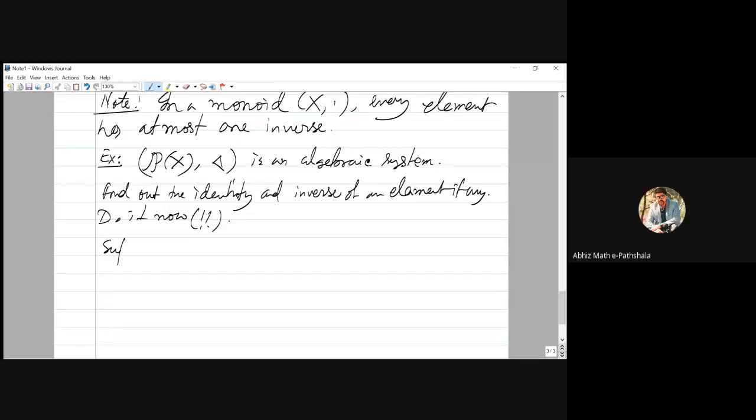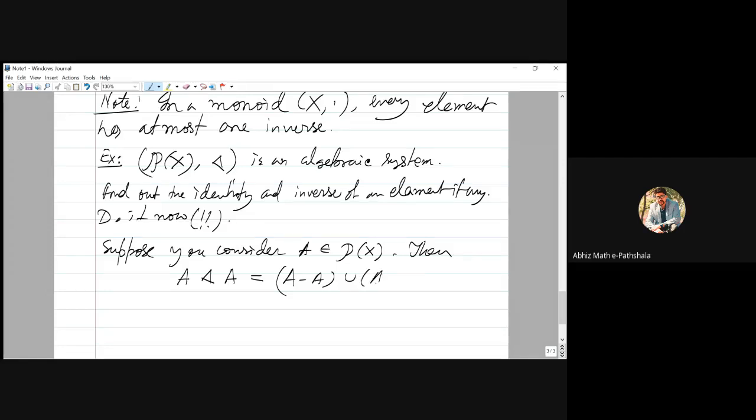Suppose you consider one set A. Then just take A symmetric difference A, then it will be A minus A union A minus A, right?